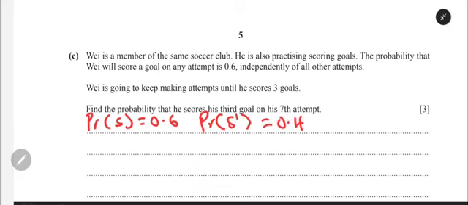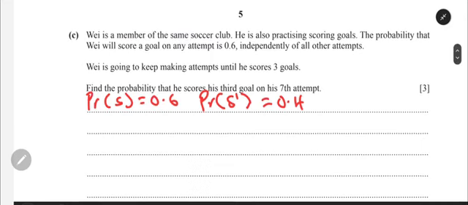This is independent of all other attempts. He is going to keep making attempts until he scores 3 goals. Find the probability that he scores his third goal on his seventh attempt.